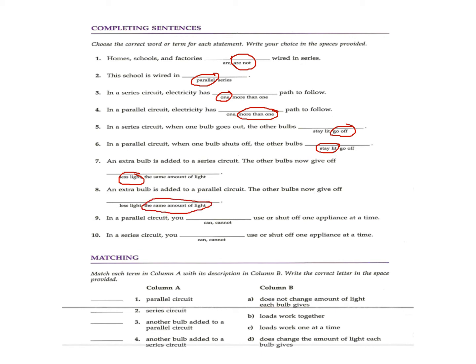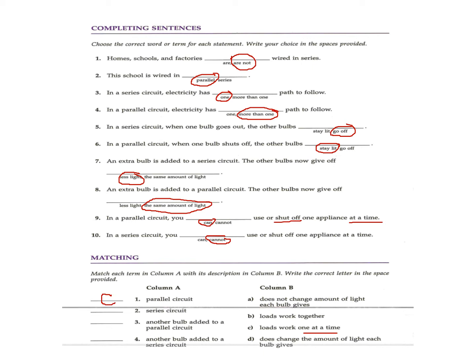In a parallel circuit, you can shut off 1 appliance at a time. In a series circuit, you cannot. Either all go off together or all on together. Parallel circuit, loads work 1 at a time.